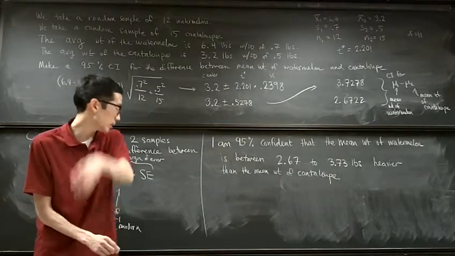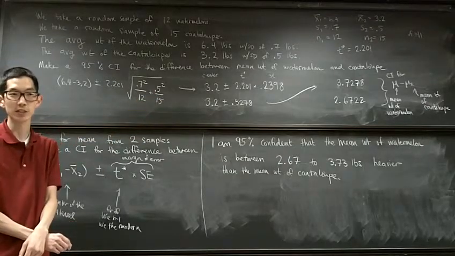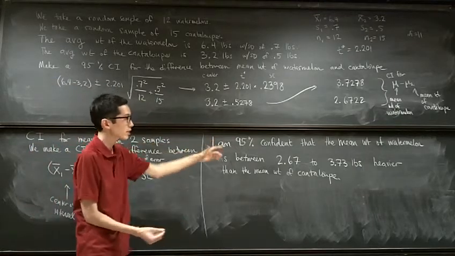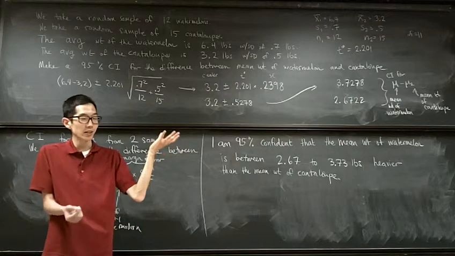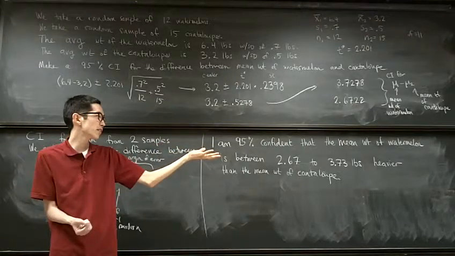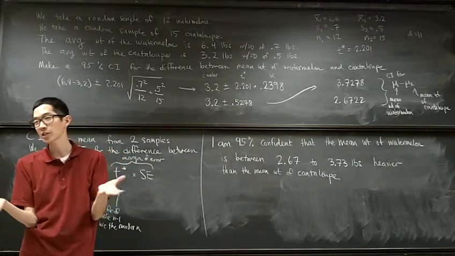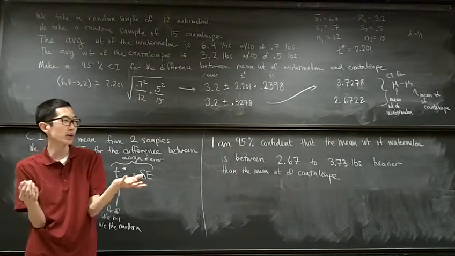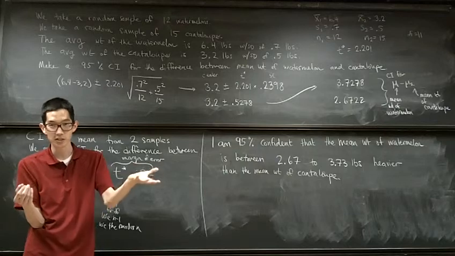Well, it depends on the confidence interval. What this says is I'm 95% confident that the average watermelon is between 2.67 and 3.73 pounds more than the average cantaloupe. So is that evidence that watermelons are heavier than cantaloupes on average? Yes.